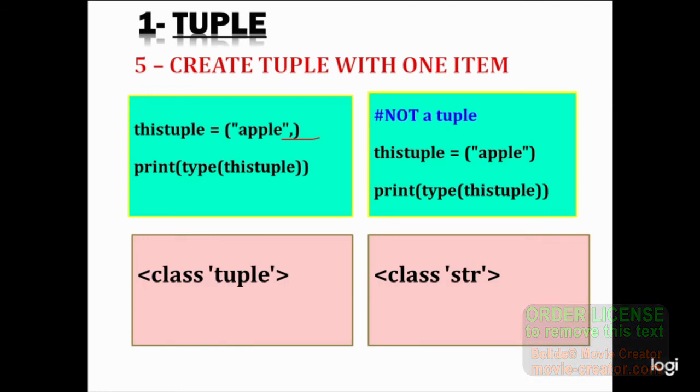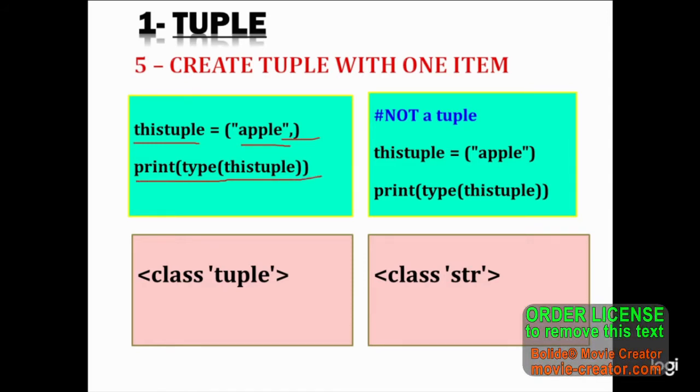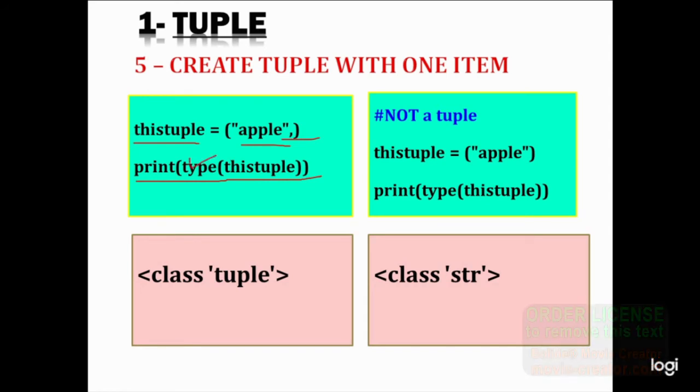Here you can see two examples are given related to tuple. Suppose, first you see the first example. This is the tuple name, then the item is apple. Now the instruction is given to print the type of tuple.